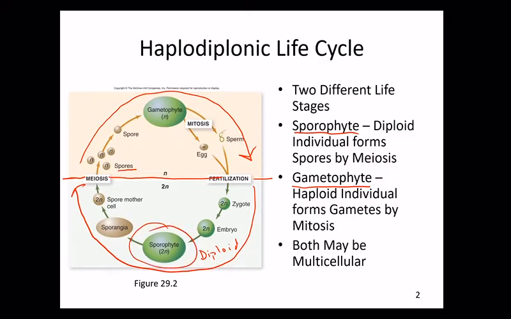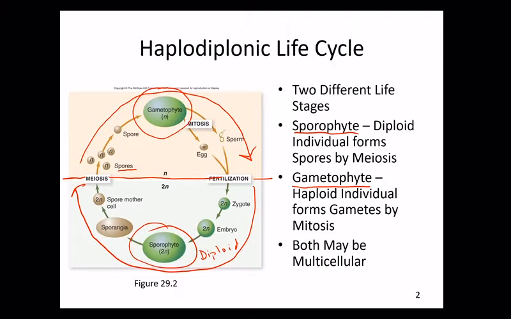But then, as needed, a small portion of that plant will go through meiosis to form a gametophyte portion, which, as we'll see, and we're going to talk a lot about flowering plants, the portion of the plant for reproduction will form this gametophyte stage.